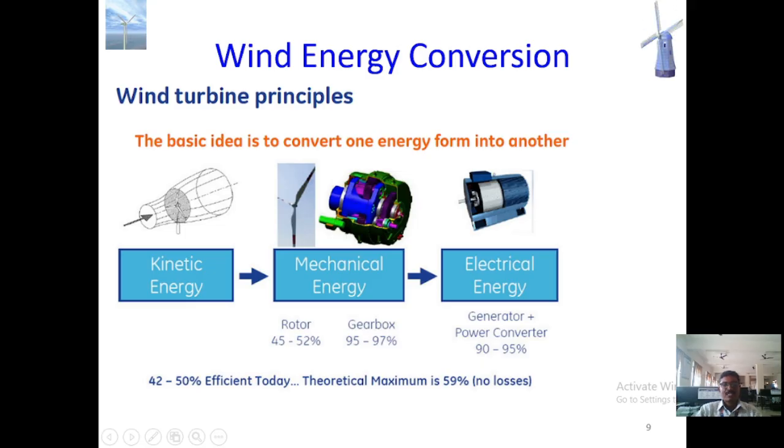That mechanical energy is given to the generator, and finally it converts to electrical energy. The efficiency of a wind turbine is 40 to 50%.